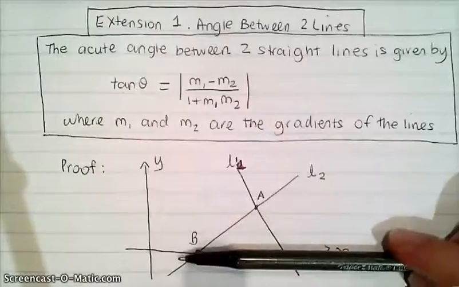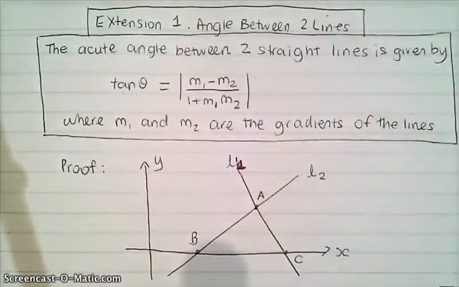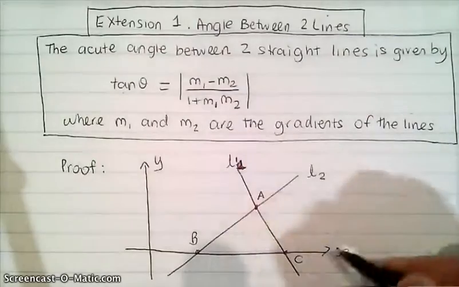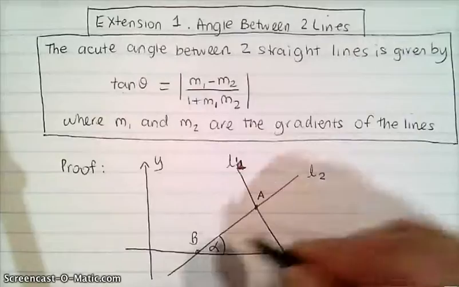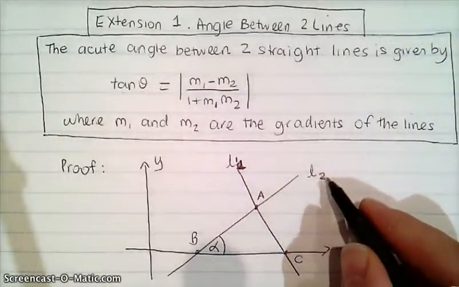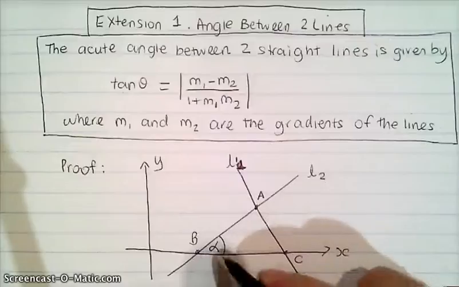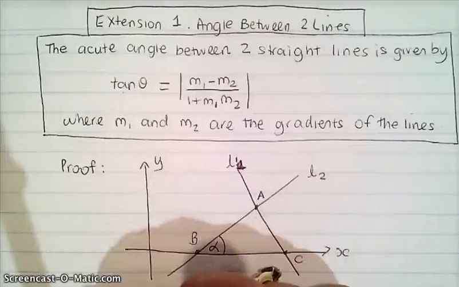gradient, you know, y equals mx plus b if you know the equation of the straight line. But if you don't know the equation of the line and you actually know the angle between the positive x-axis and the line, so for example, if this angle in here is alpha, then the gradient of line L2, which I'm going to call m2, is tan alpha.